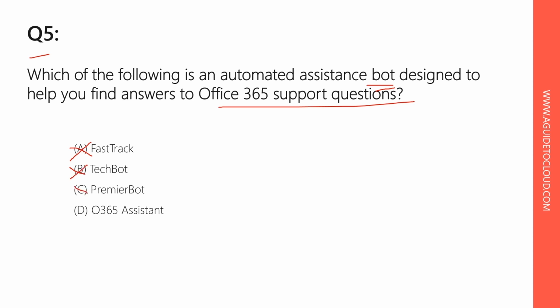Is it a premier bot? I don't even know what that bot does. Is it an Office 365 assistant? Yes, absolutely. The bot is named Office 365 Assistant, an automated assistant designed to help you find answers to Office 365 support questions. So the answer is option D.